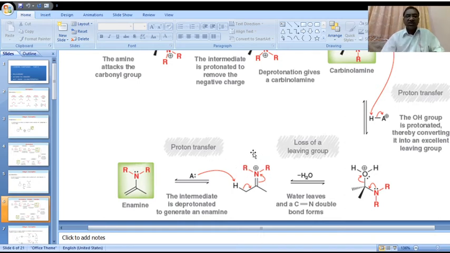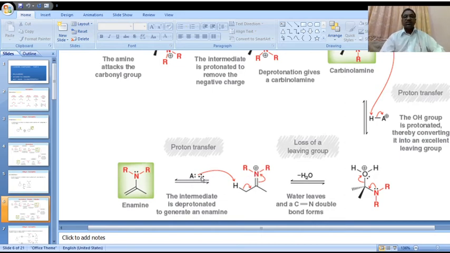Proton transfer step. Here, the nucleophile A minus abstracts a hydrogen from this terminal carbon. Here a new double bond forms. Breakage of the pi bond between carbon and nitrogen, and the nitrogen atom gets neutralized.